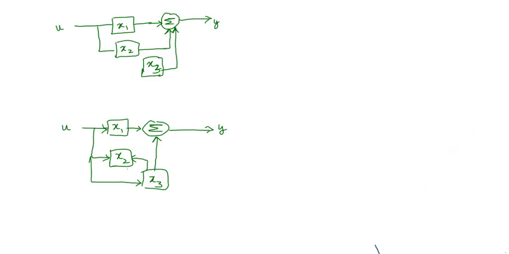Now look at these blocks, right? Among these, which are the blocks which are not controllable? Among the state variables, which state variables are not controllable? That is the question, right? What are the state variables?